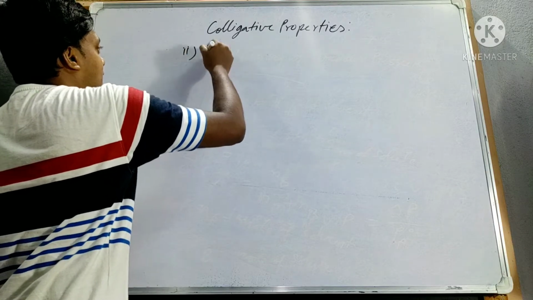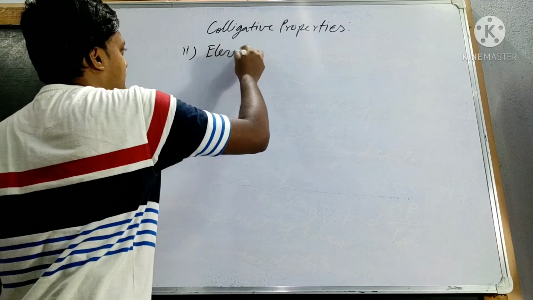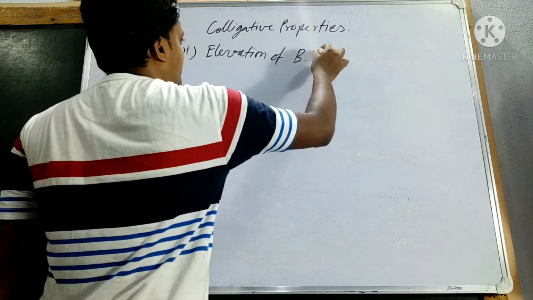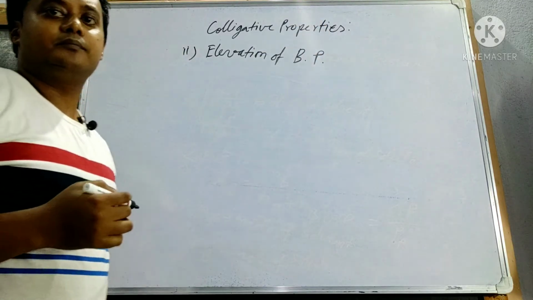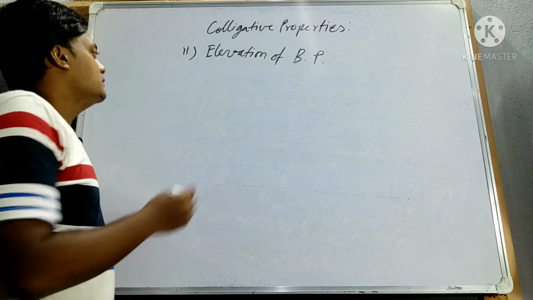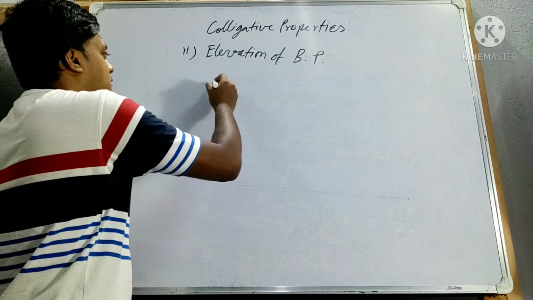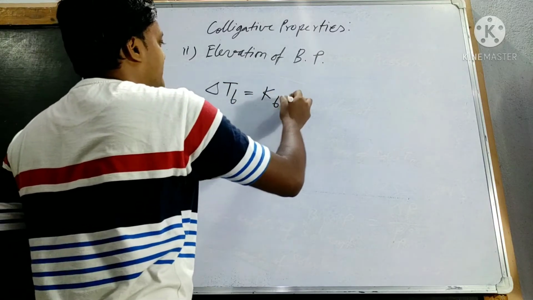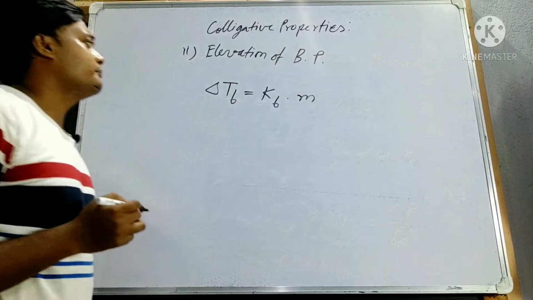Second one, elevation of boiling point. Delta Tb equals Kb into m.